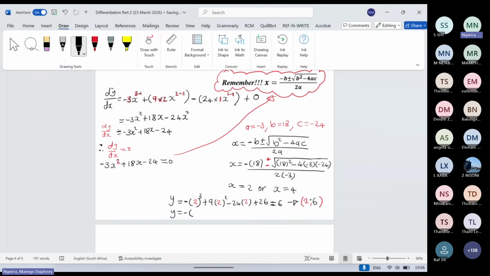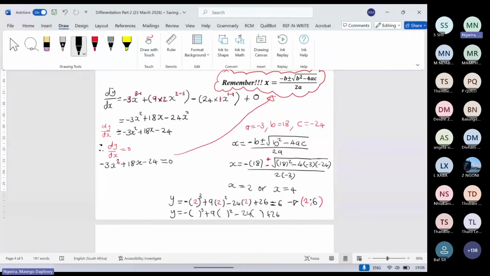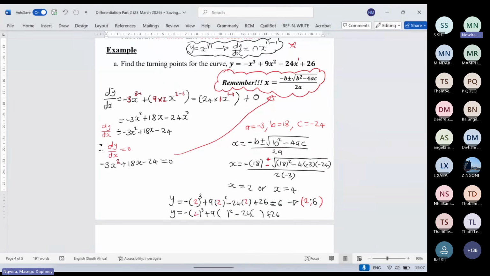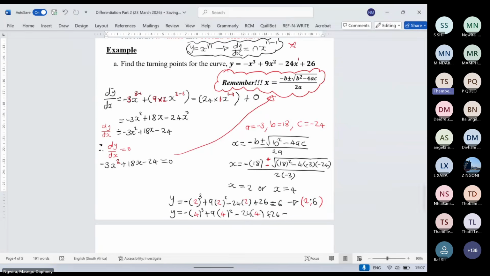So we put 4 here now. And then what is the answer for this one? 10. Yes. Okay, so it means that my points will be 4 and 10.